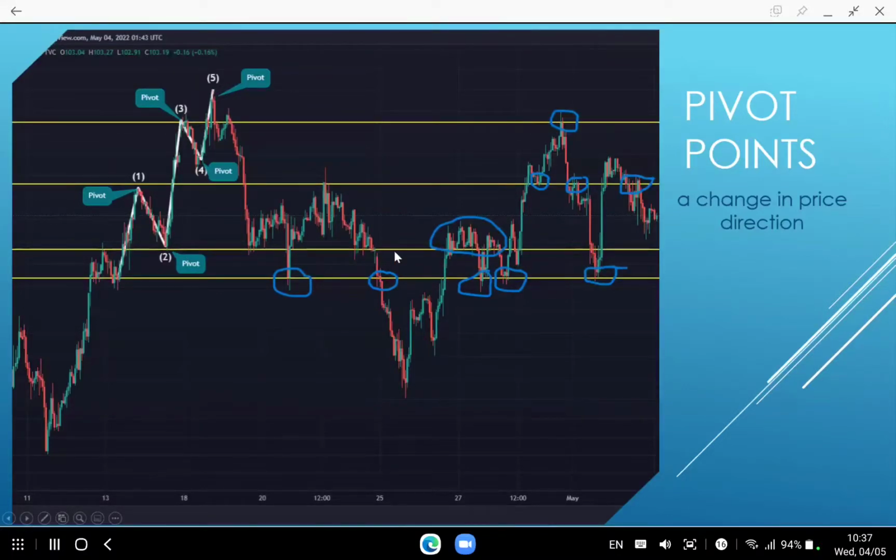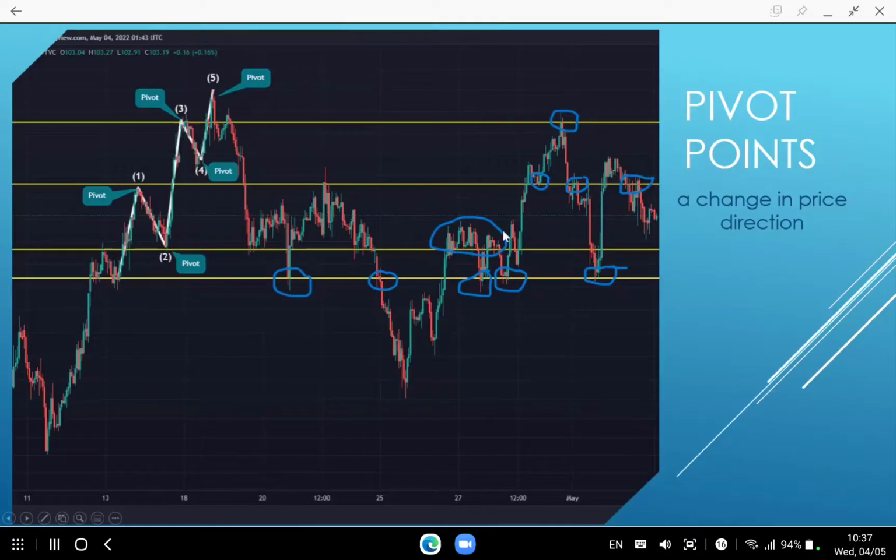Look over here how much it respected, and then it can break through and act as a support or a resistance. Okay, so right here it was a support, it broke through, but then it came back, retested, and acted as resistance. Same thing over here, acted as a support. I don't know how many times, 1, 2, 3, 4, 5, 6, 7, 8, 9, 10, 11.